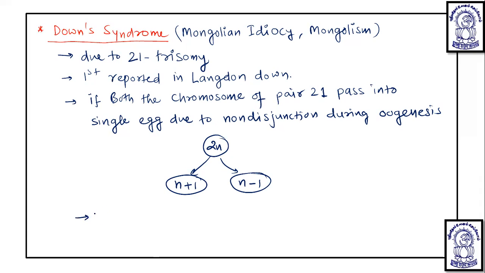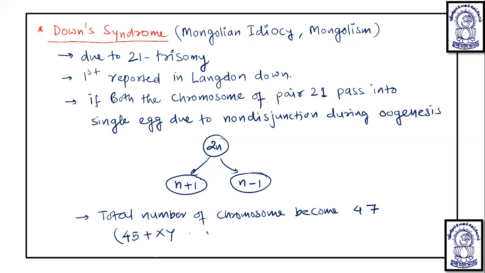So the total number of chromosomes becomes 47 in place of 46. So in males, it is 45 plus XY, and in females 45 plus XX. Okay, instead of 46.